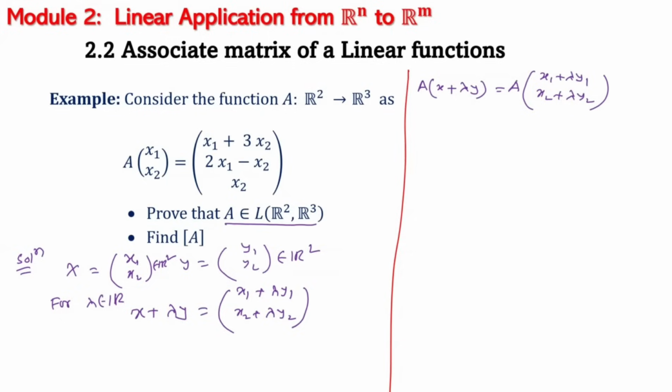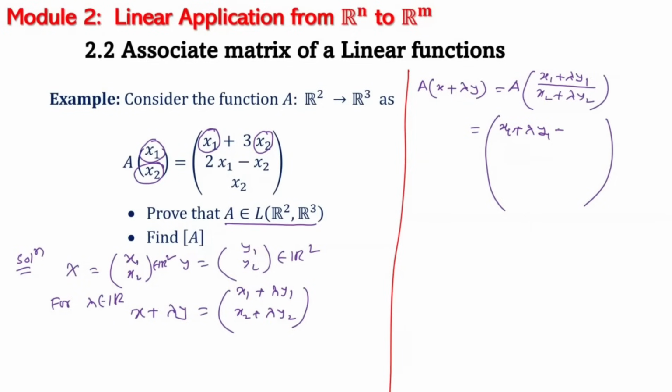Now we apply the linear function here. This linear function is defined like this, so be careful how to apply it. Here the first entry is as it is, then 3x2, so we multiply the second entry by 3. In this case, the first entry is x1 plus lambda y1, so it will be as it is.